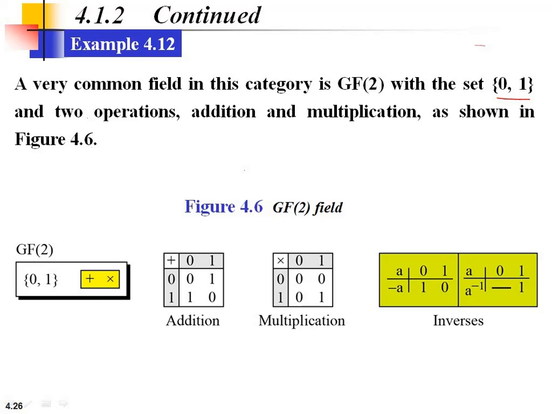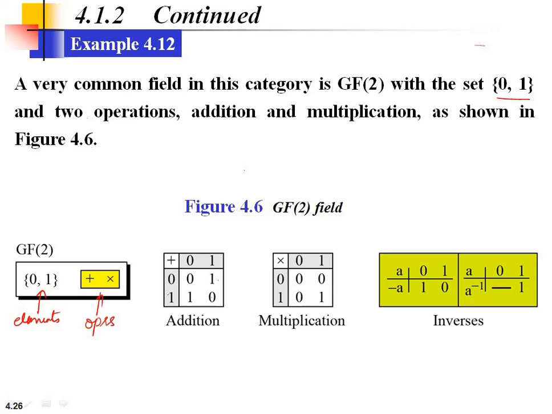These are the set of elements and the 2 operations, and we can see from this table how these operations are performed. 0 plus 0 is 0, 0 plus 1 is 1, 1 plus 0 is 1, 1 plus 1 is 0. Similarly for multiplication, this is just like normal mathematics.